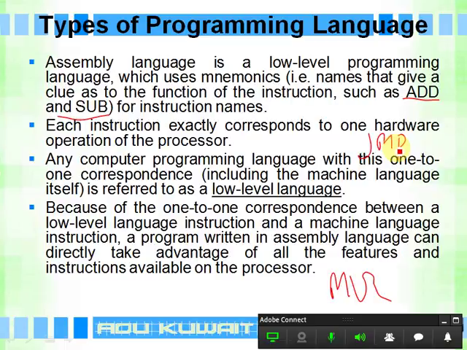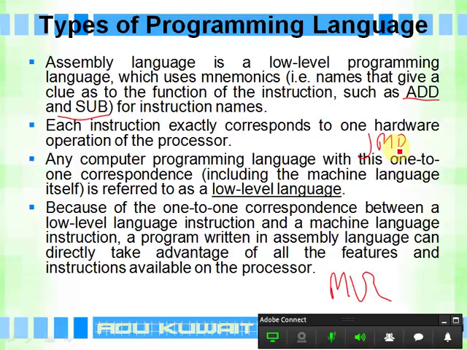Okay, so we have to study that this instruction is for this: add for addition, sub for subtraction, mul for multiplication, jmp for jumping, start for start. Okay, so this is a low level language, but the computer will not understand this language.